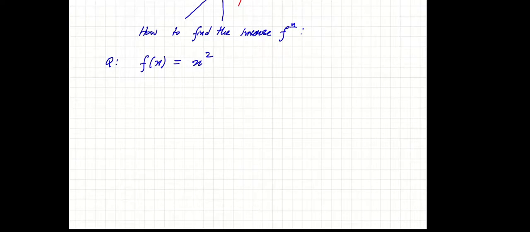You need to find the inverse function. I told you this is nothing but y, and then you swap x and y, right? So x is here, y squared here. Then what you have to do? Subject y. So if you subject y, you get plus and minus square root.